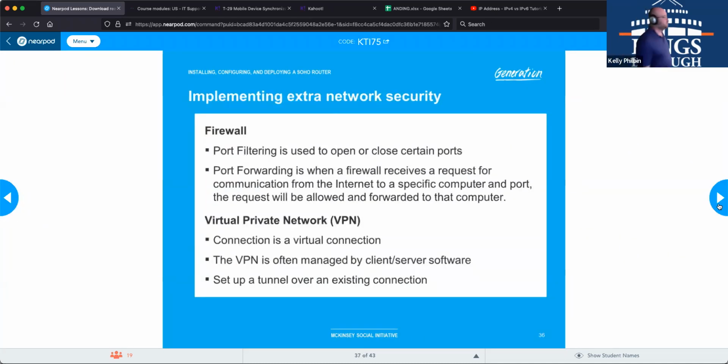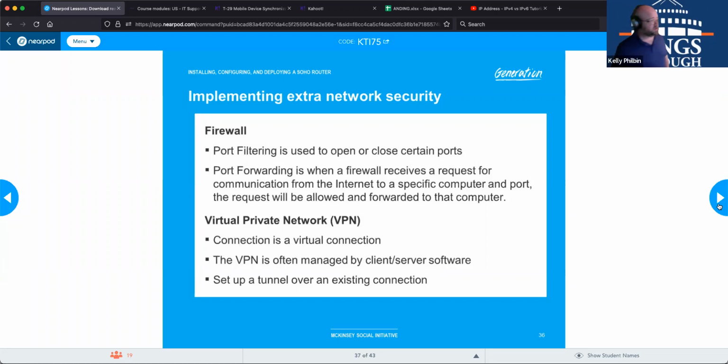All right. Extra security that we can put on our network. You can do what is called port filtering or port forwarding. So remember we said there's 65,000 ports on a computer, that we can access through networks. Well, you may not want them to access all those ports.